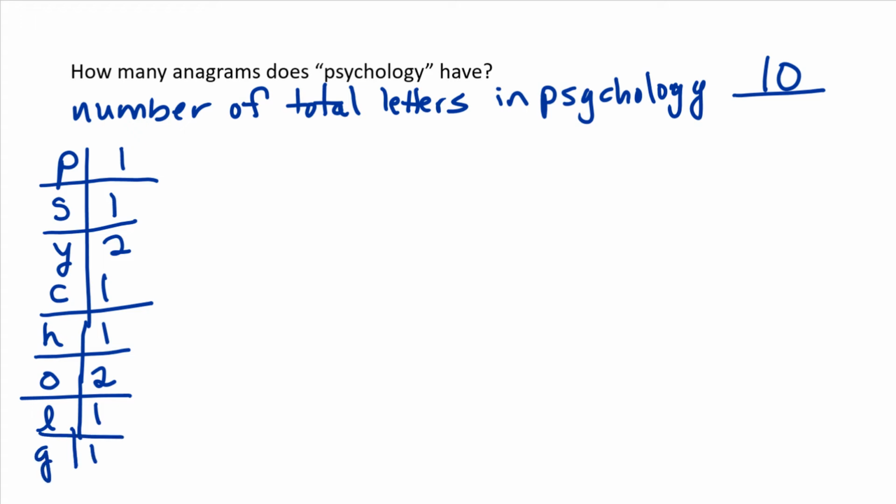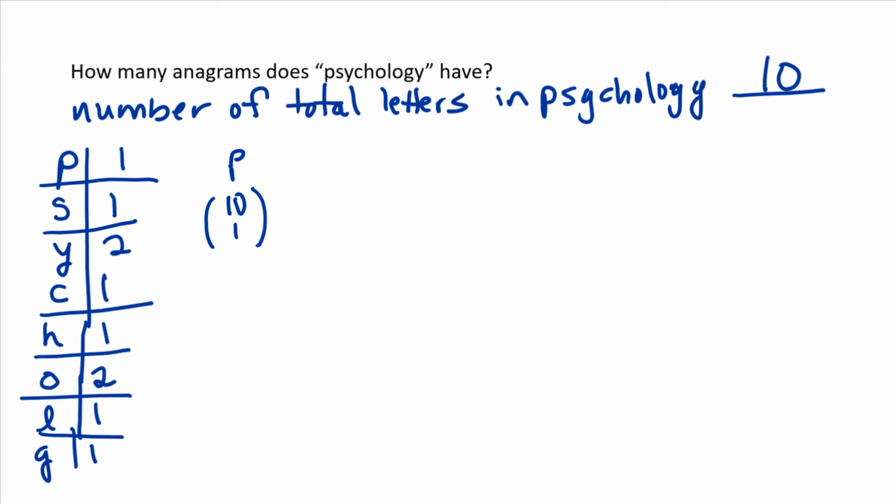And there is no need for me to list Y again because it was already listed earlier. So, what does this look like? Well, for the letter choice of P, I have 10 places and only one to choose. Going down the word.